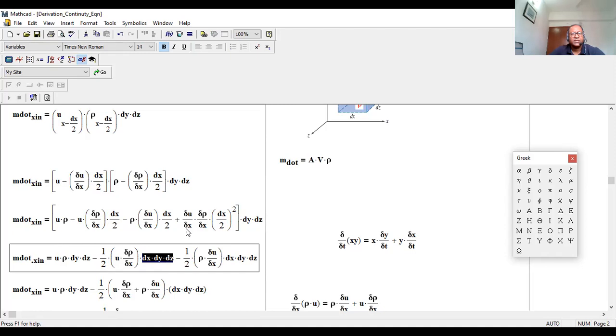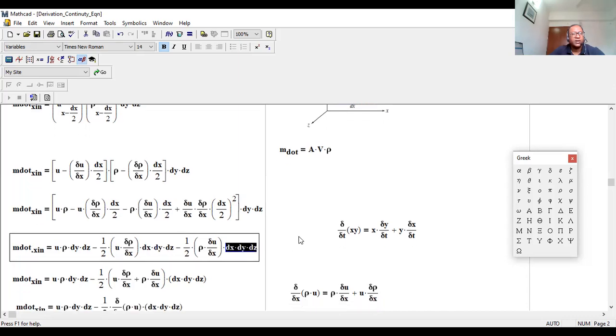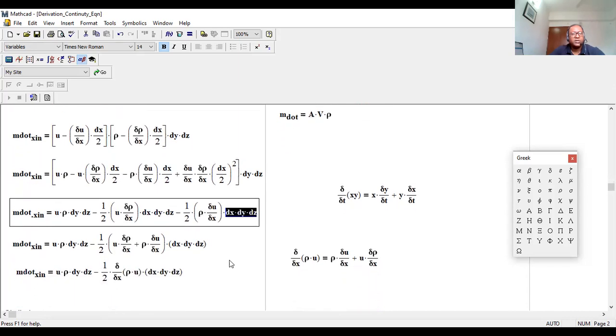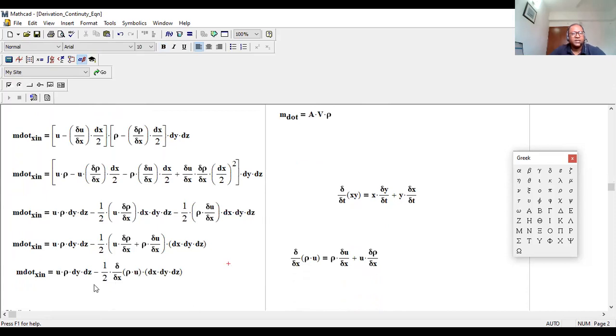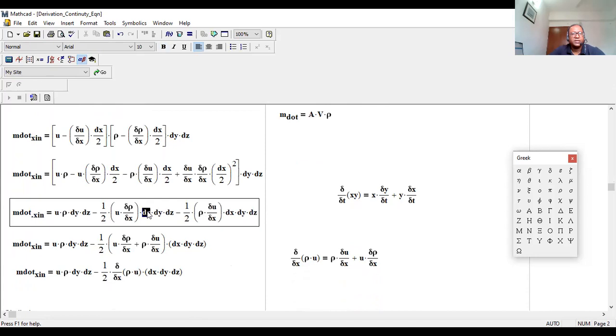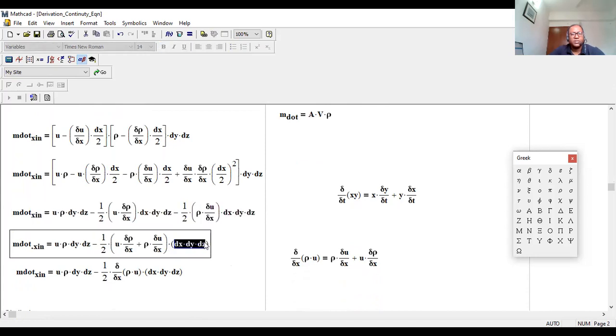Similarly, this one is neglected, right? You just rearrange this one. Half rho du by dx, you have this term. Okay. Now, if you look carefully, this half I can take out from these two terms, dx dy dz, and I put in a bracket.